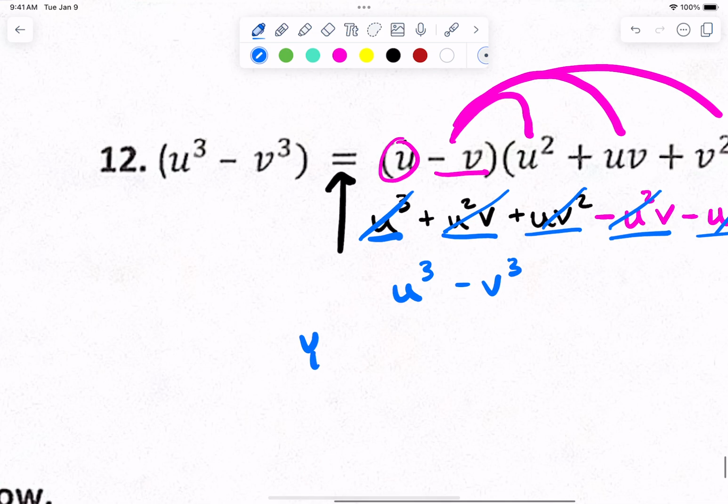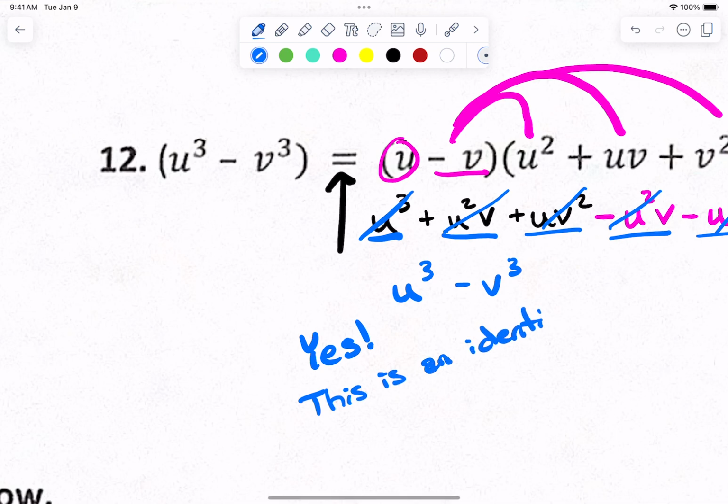Yep. That means, yes, this is an identity, even though they look different to begin with. You can put yes. That just means we have foiled it out and they are truly the same.